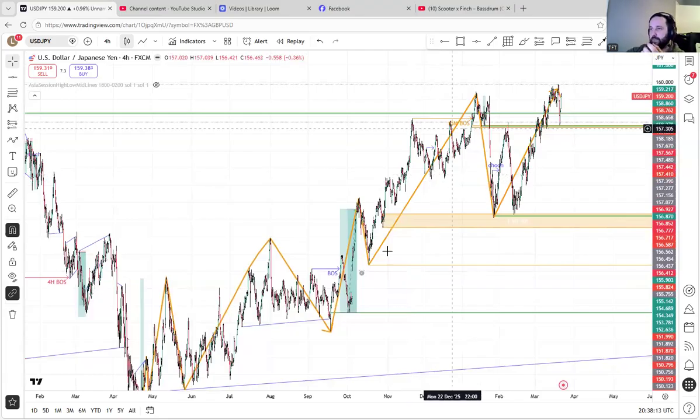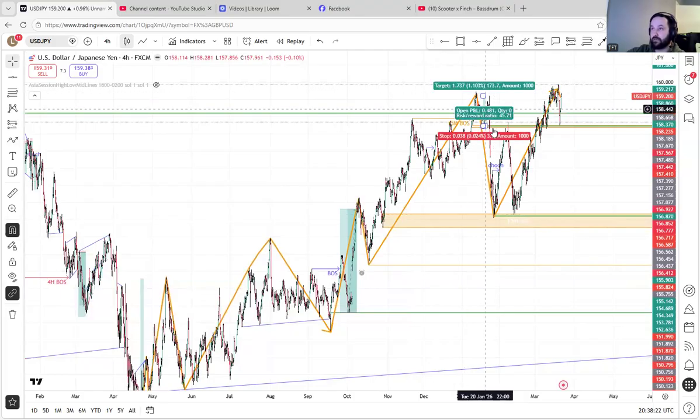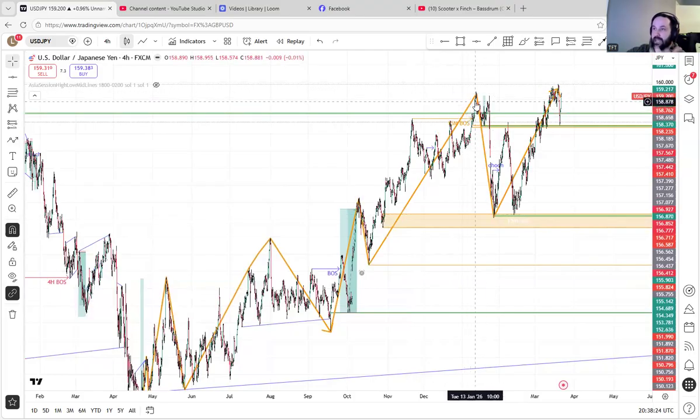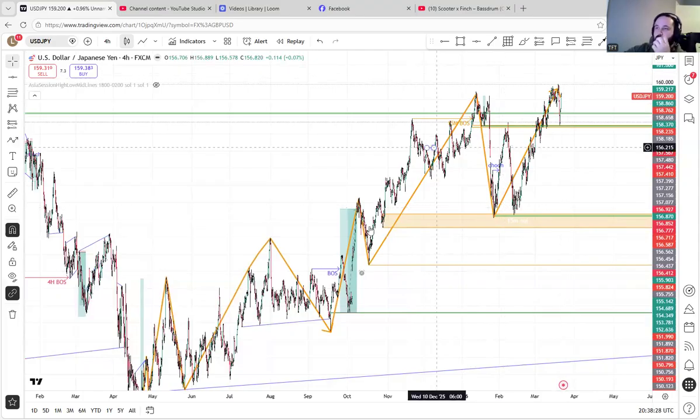But because of what's played out afterwards, I'm going to go to the high, to the overall low, because what it did next confirmed this as a high, as it then made a new high afterwards. So this is the current structure.